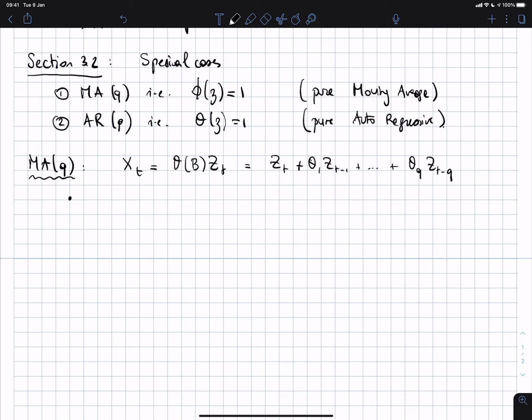There is no problem of existence for such a polynomial because the zt, the white noise, is a sequence that exists. Once we are given the white noise, we simply define xt at all times t as this linear combination of the white noise. So there is no problem with the definition.